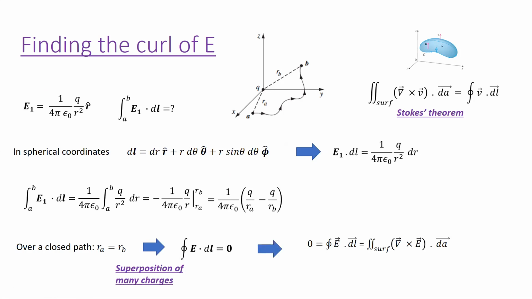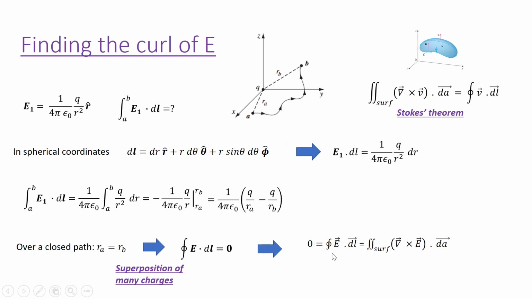So next we use Stokes' theorem, and we know that the line integral of the electric field is equal to the surface integral of the curl. So we have 0 is equal to the line integral of the electric field, which is the surface integral of the curl.